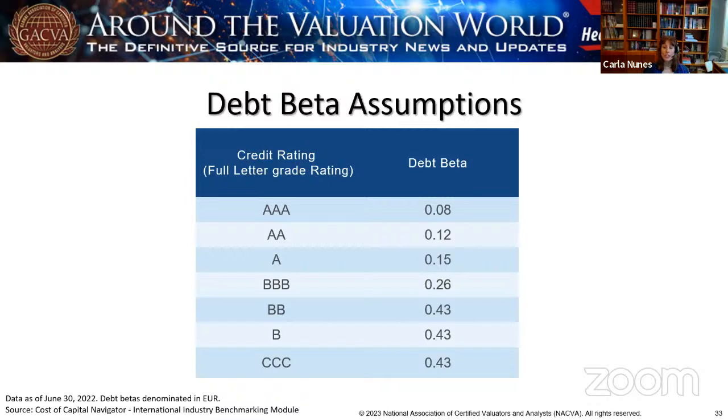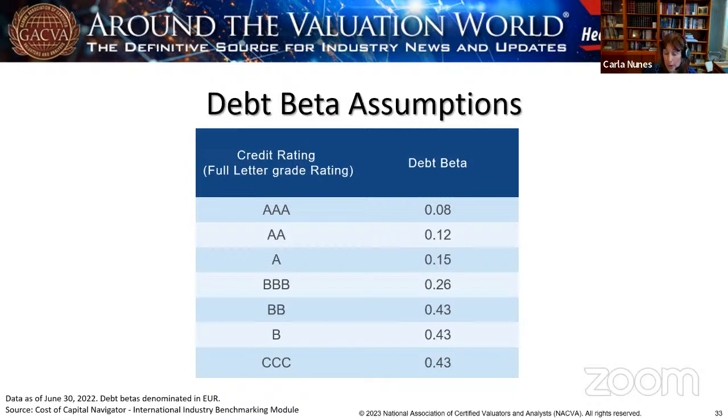So as you can see, below investment grade, so the ratings that are BB, single B, and CCC, the debt beta is much higher than the investment grade. And so what happens is that this will impact your unlevered beta.